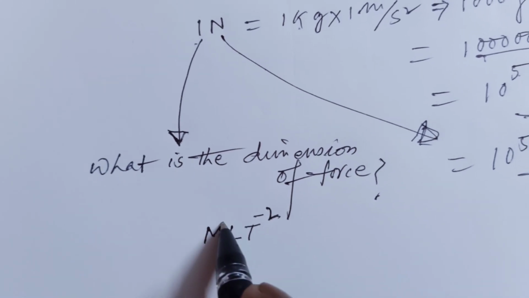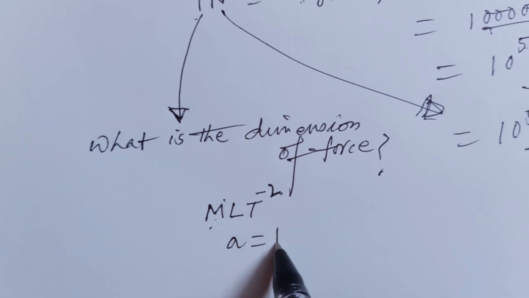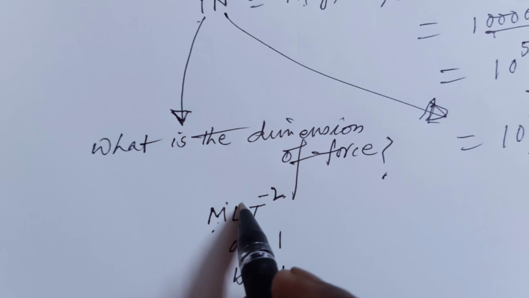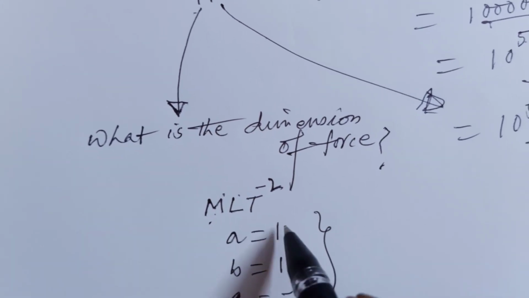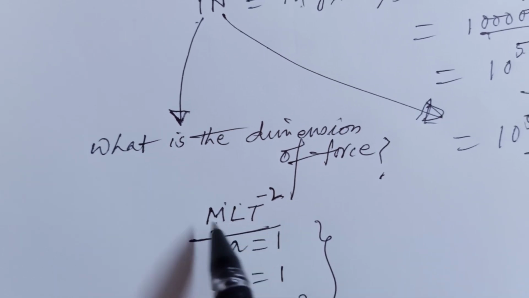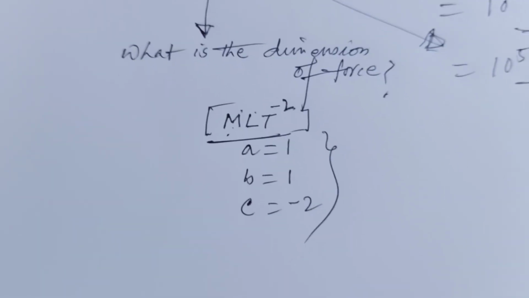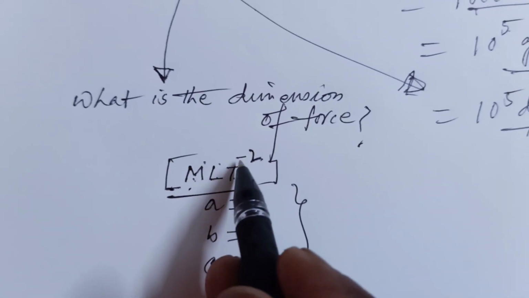So take the exponents or powers: that of M is 1, so a equals 1, then b equals 1, and c equals minus 2. That is 1, 1, minus 2 are the dimensions of force, and the dimensional formula within third bracket is MLT to the power minus 2.